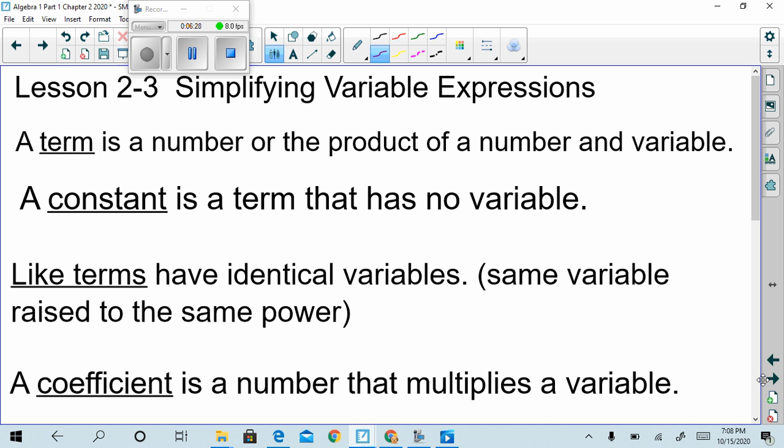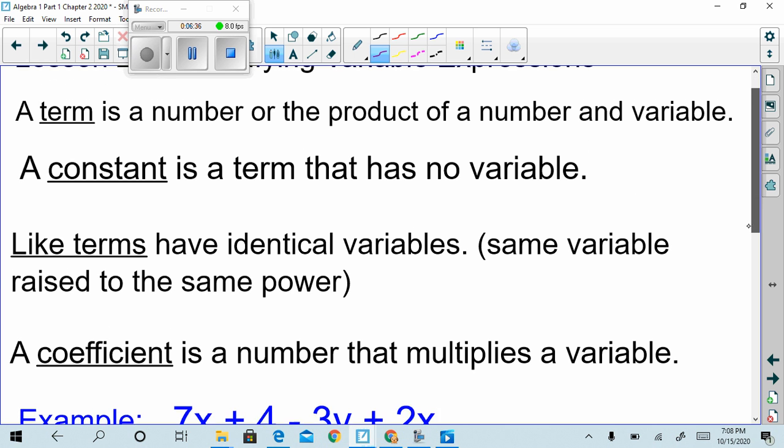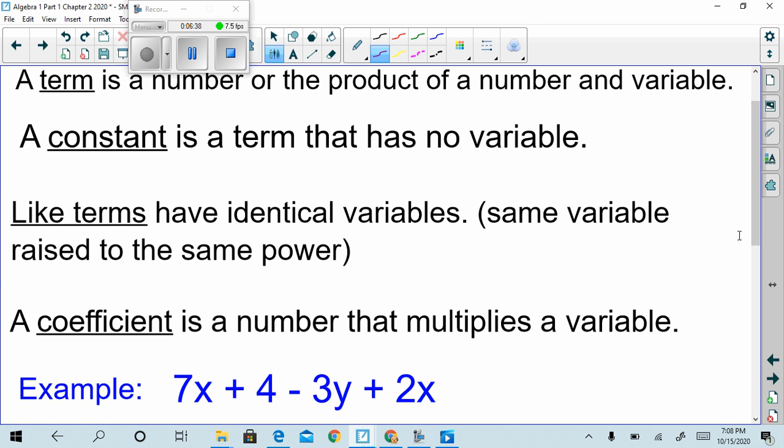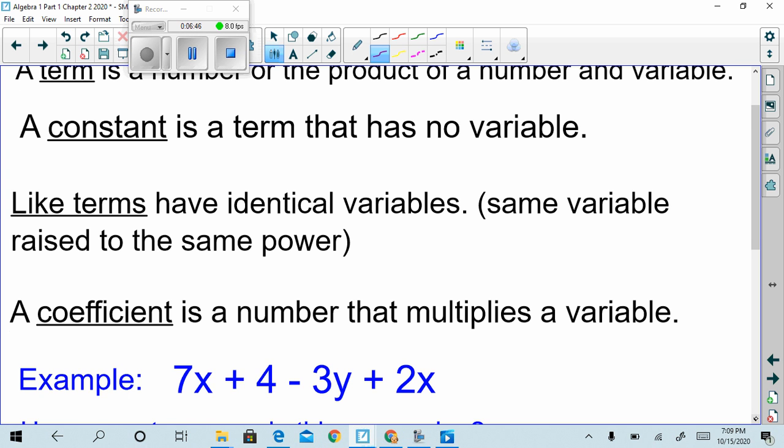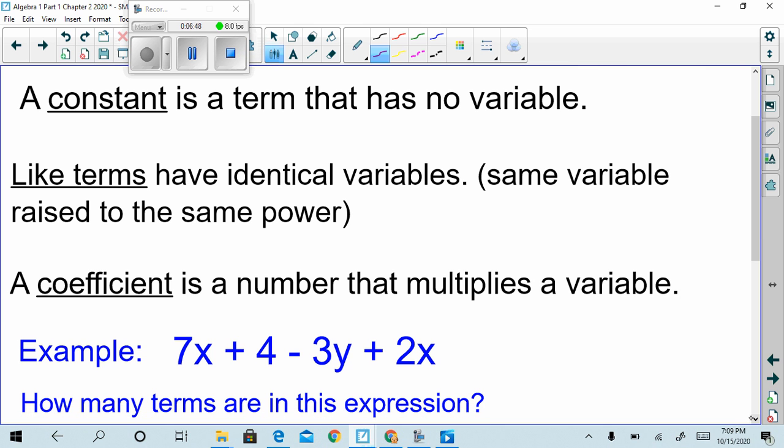When we ended last class, we had all of these vocab terms on our slide that you copied into your notes. And I want to spend a little more time talking about them. So I'm going to look at this expression, 7x plus 4 minus 3y plus 2x. The first question I'm going to address is how many terms are in this expression?